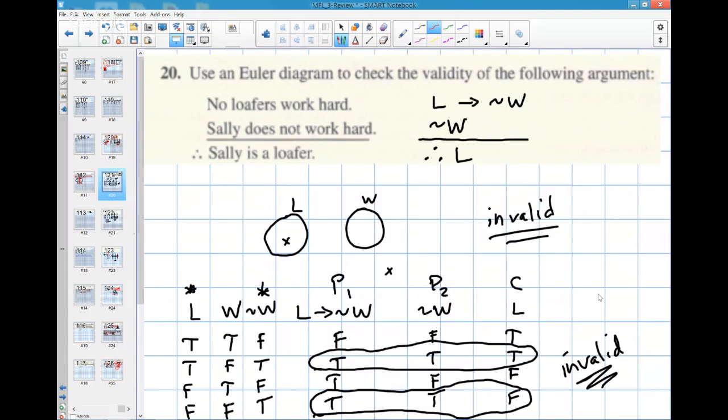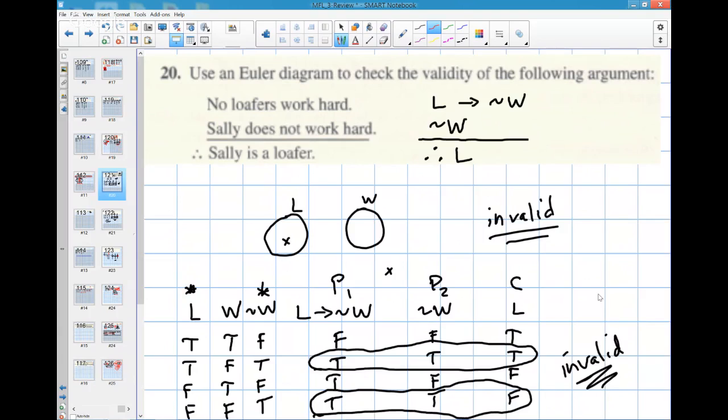I've got it copied on the top there. Use an Euler diagram to check the validity of the following argument. Now, I had to translate this. No loafers work hard. Here's where English gets in the way. I translate it as, if you're a loafer, then you don't work hard.